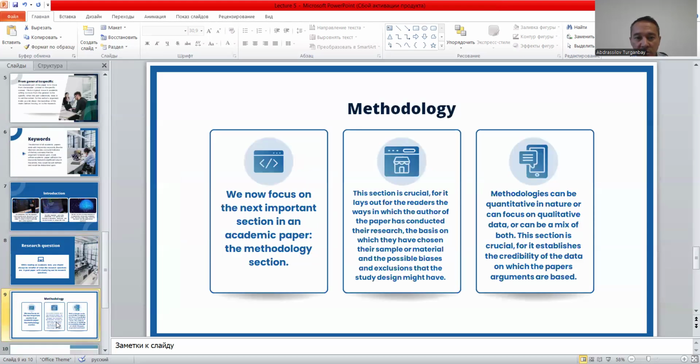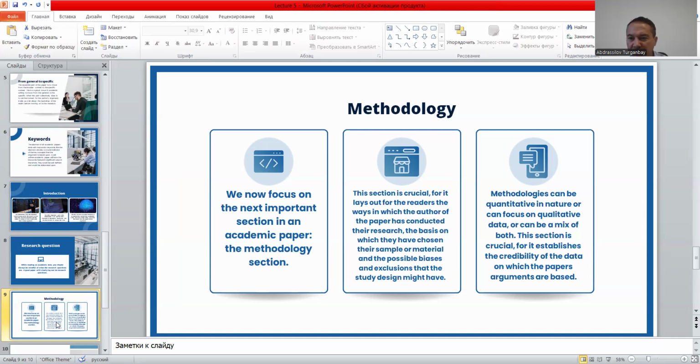Then comes the methodology. The methodology is very crucial because it lays out for the readers the ways in which we, as the authors of the paper, have conducted our research, the basis on which we have chosen our sample or material, and the possible biases and exclusions that the study design might have.